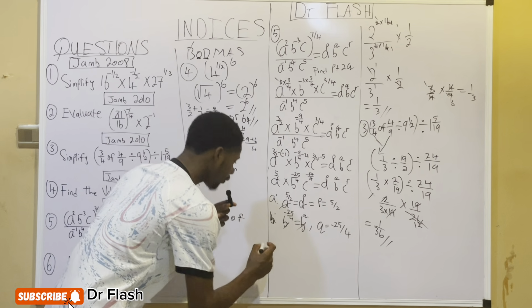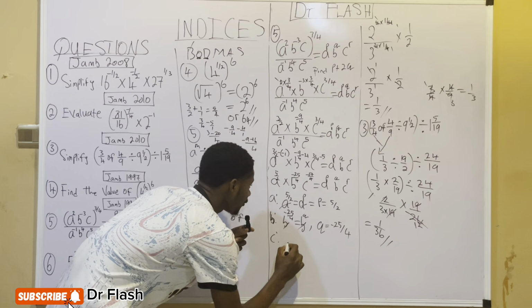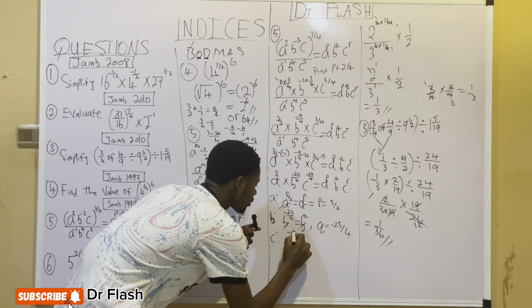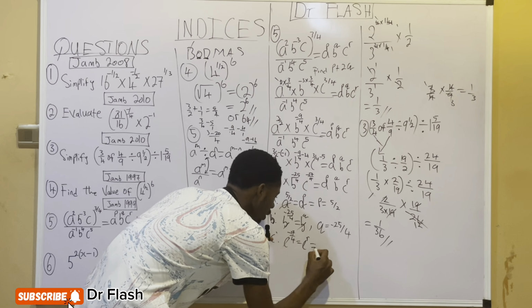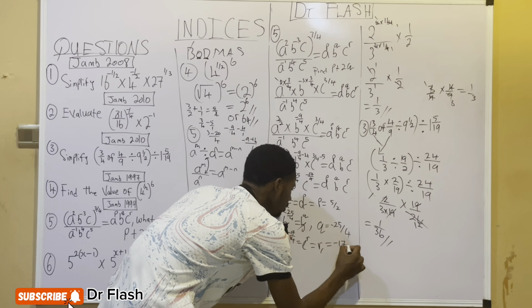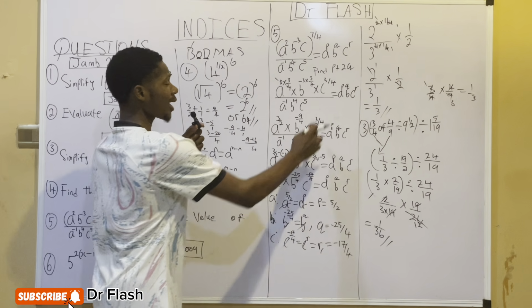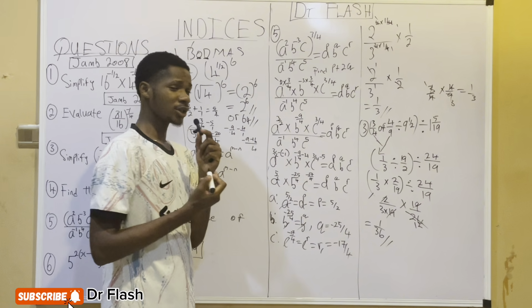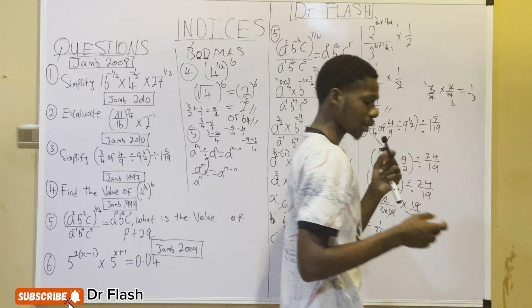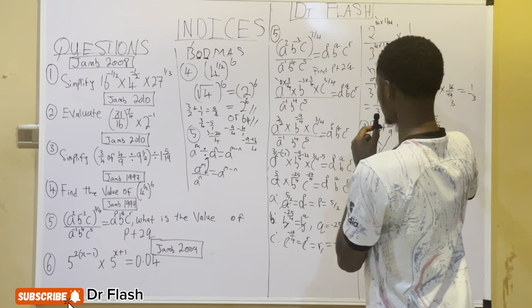And then for c, we're having c raised to power minus 17 over 4 equals c raised to power r. C cancels c, which means r is equal to minus 17 over 4. Now if you notice, we're asked to find p plus 2q. So it is actually unnecessary for us to start solving for r, since we know we're not going to be needing r in what we are asked to find.